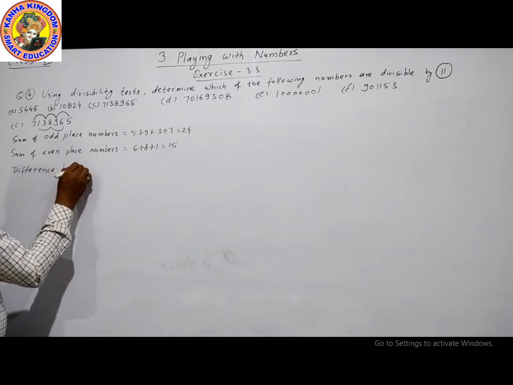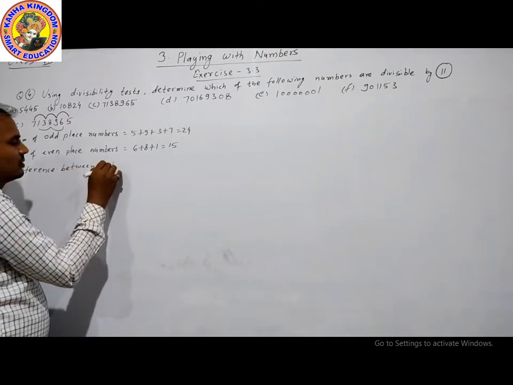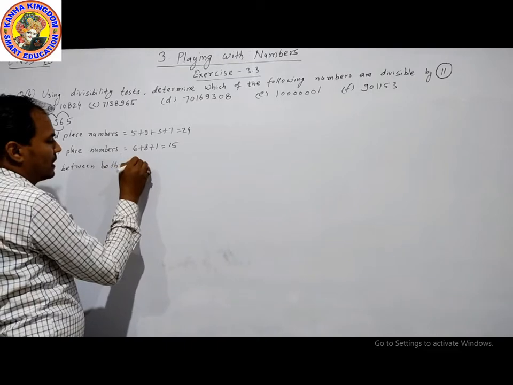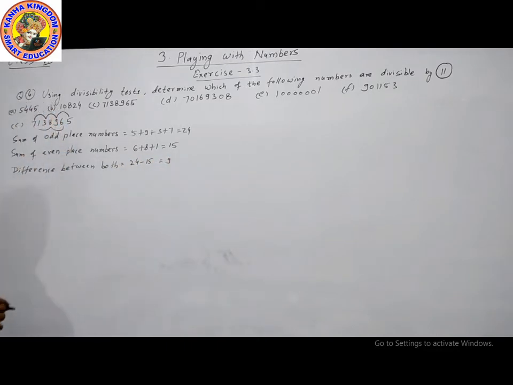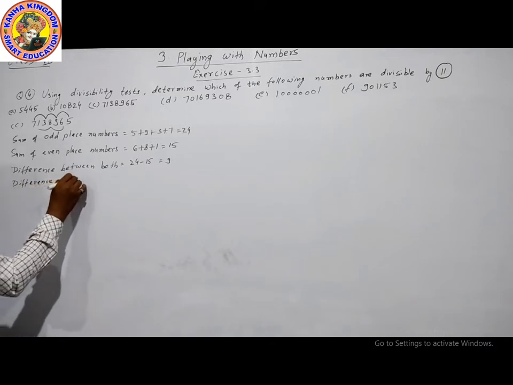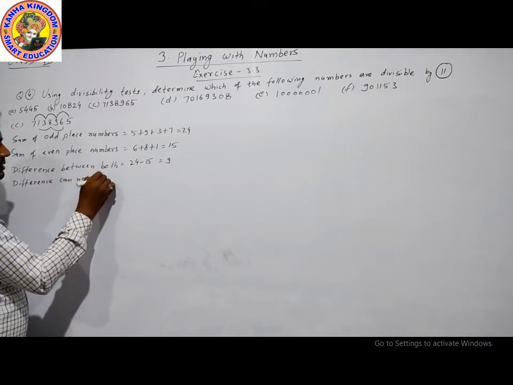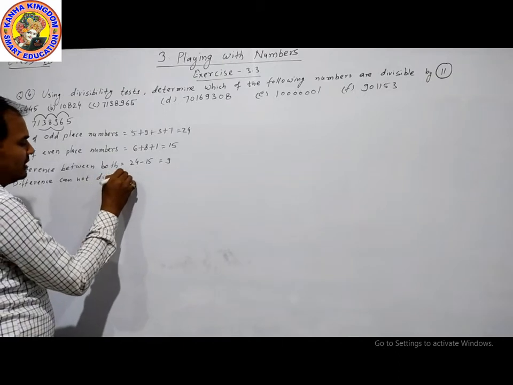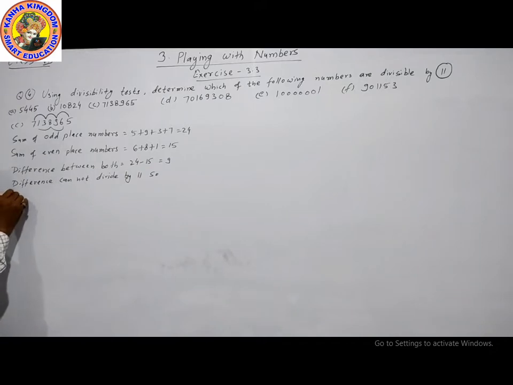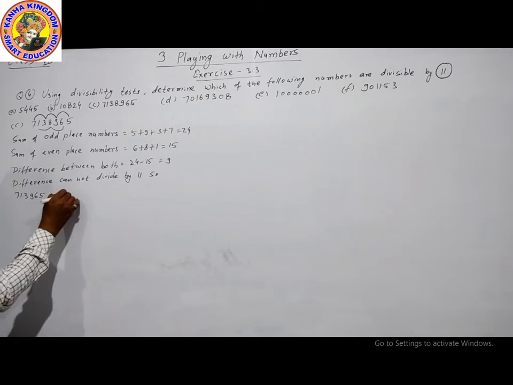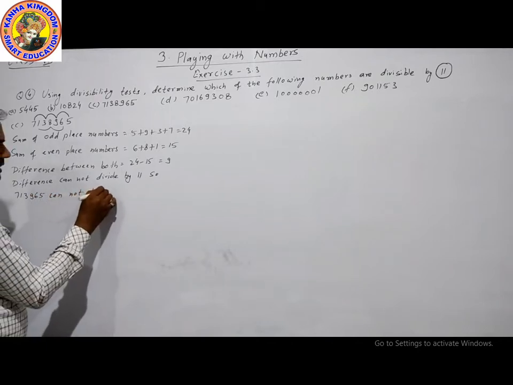Difference between both: 24 minus 15 is 9. The difference is 9. The difference cannot be divided by 11, so 713895 cannot be divided by 11.